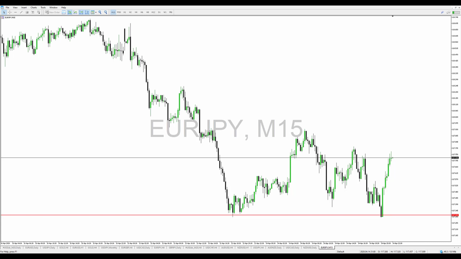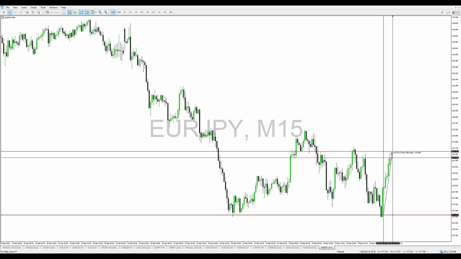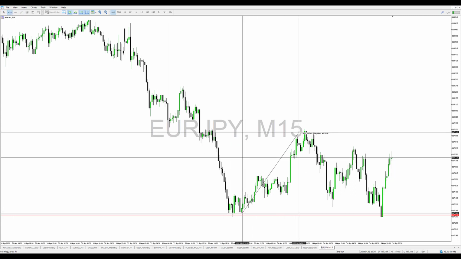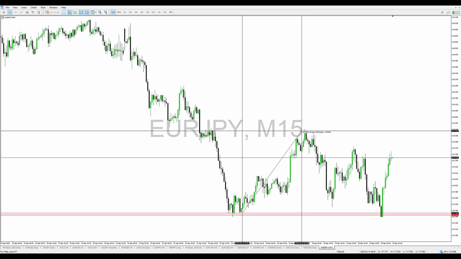Price dropped in and traded away from the support for close to almost 45 pips. This would have been your second entry. Your first entry would have been here, somewhere in this range, all the way close to 60 pips.